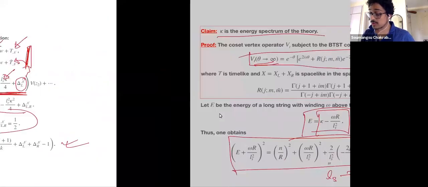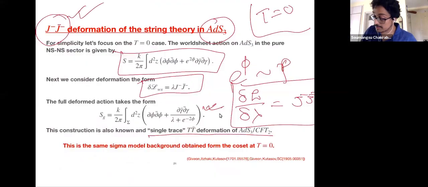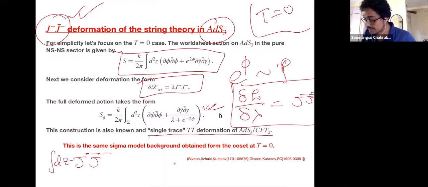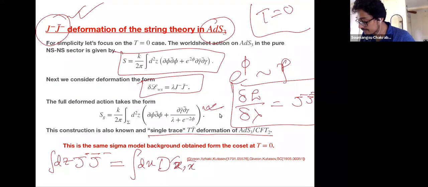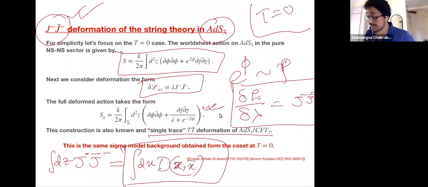Maybe it can also be argued from the coset part, but it can be argued from here. When you do this J minus, J bar minus deformation, basically you do this, d²z, and this has some operator in the space-time theory, d²x. This operator is in the space-time theory, and it is the top component of the superfield, and it preserves (4,4) of the space-time theory.